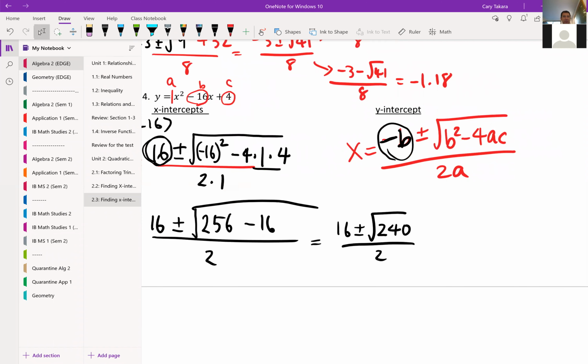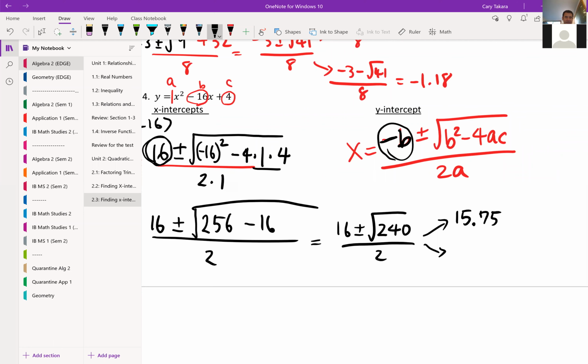So now let's do 16 plus square root of 240. And then push enter first, and then divide by 2. So the one x-intercept is 15.75.